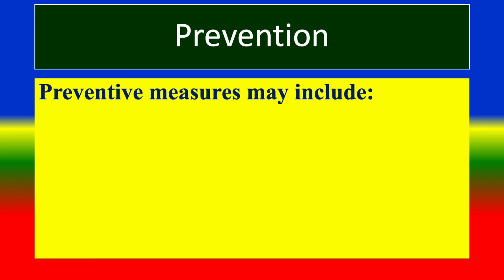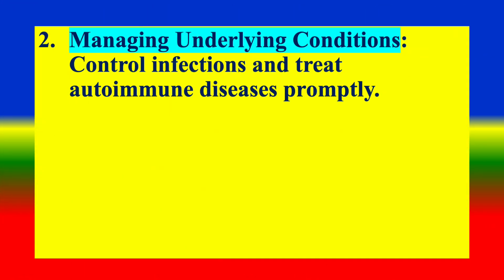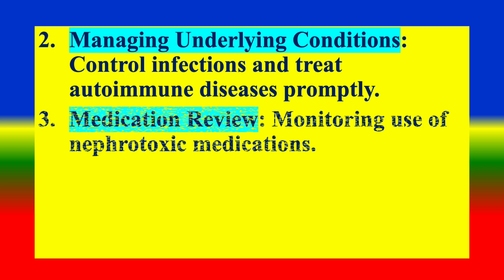Prevention. Preventive measures may include: 1. Early detection: regular screening for kidney function in individuals at risk, for example those with autoimmune diseases. 2. Managing underlying conditions: control infections and treat autoimmune disease promptly. 3.